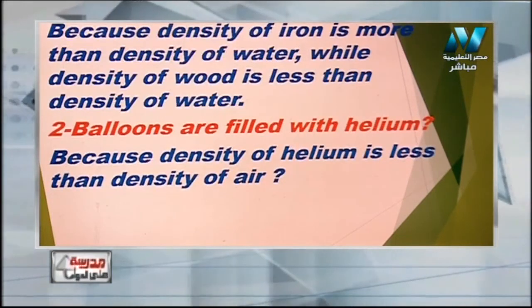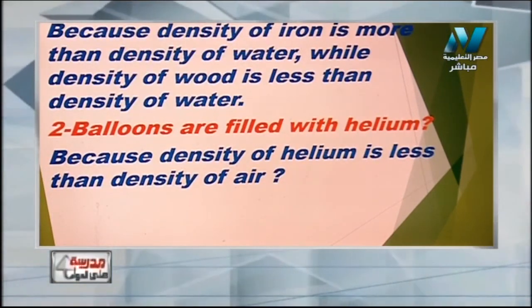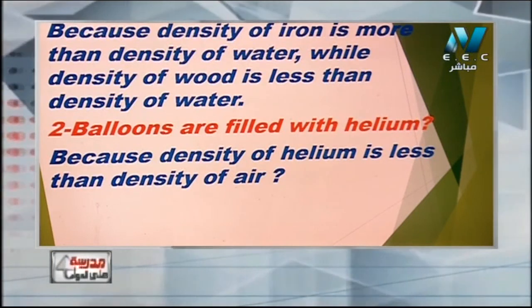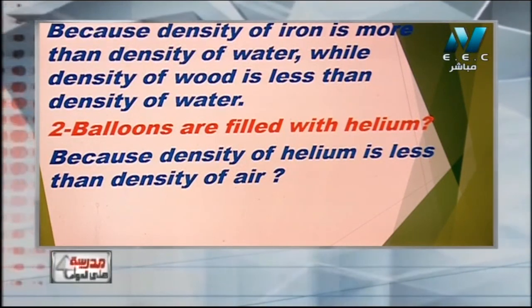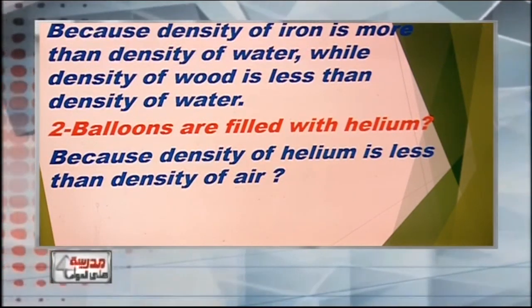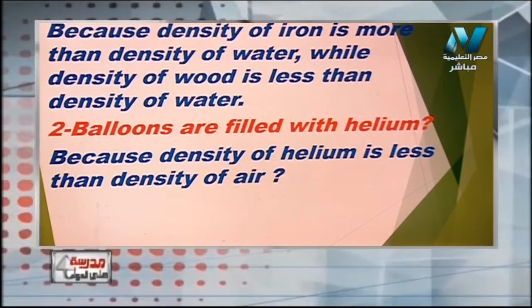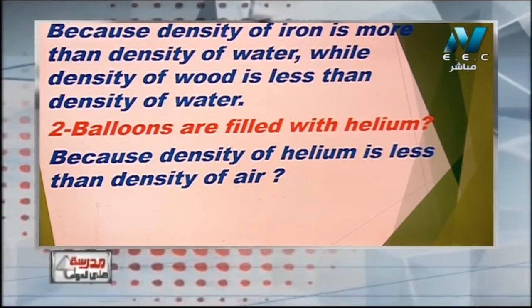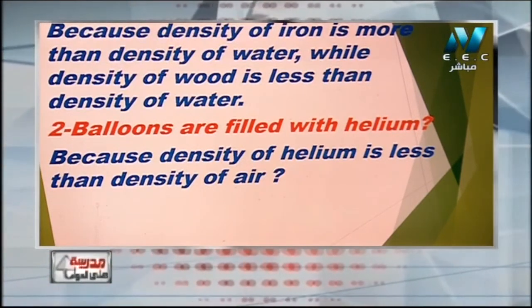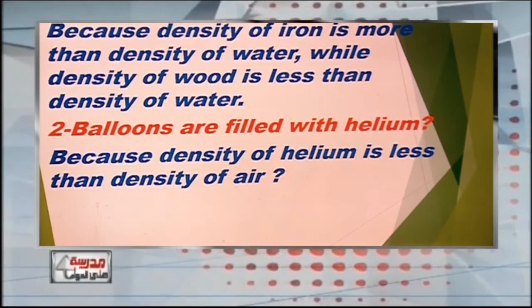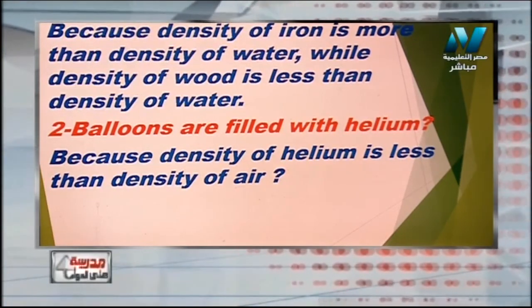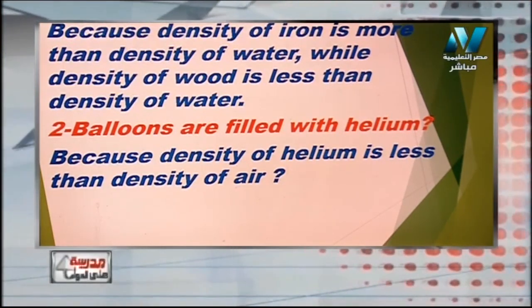I can say because density of iron is more than density of water, while density of wood is less than density of water. Number 2, balloons are filled with helium because density of helium is less than density of air.